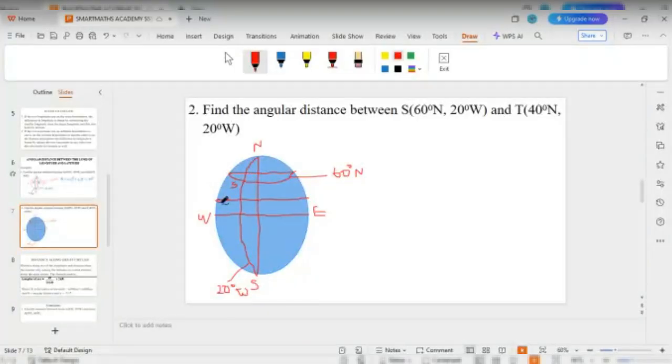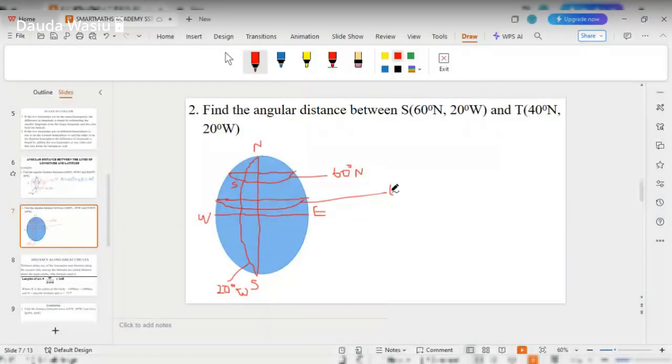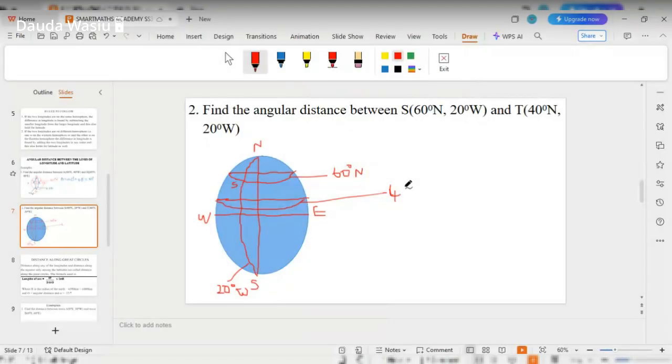This is 40 degrees north. So this is 60 degrees north. Sorry, this is 40 degrees north.